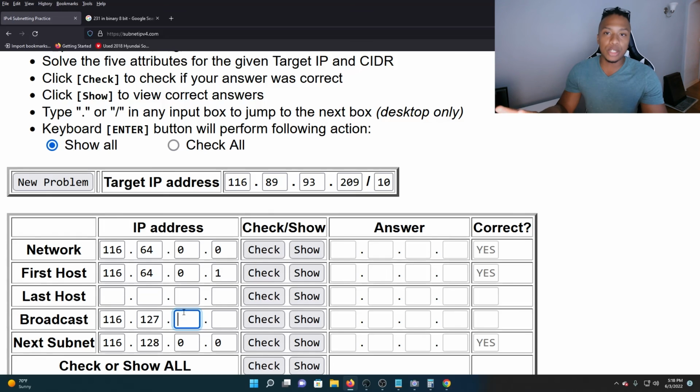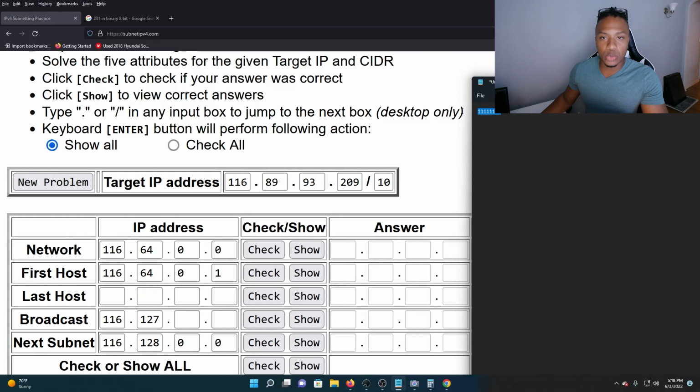That's the max we can go. We can't ever have an IP address with 256, never in our lives, because if you add all of these ones up, these are the max number of ones you can have. It's going to be 255. So you have to remember that.